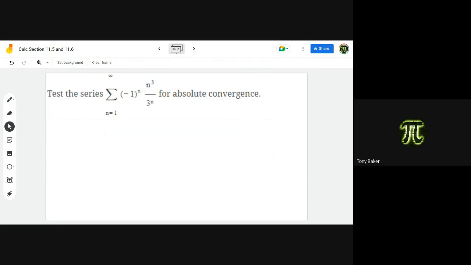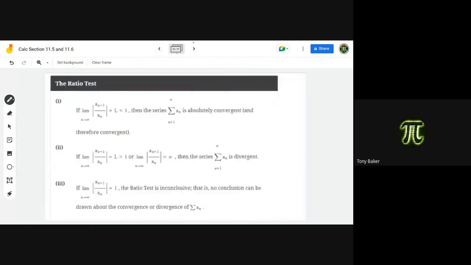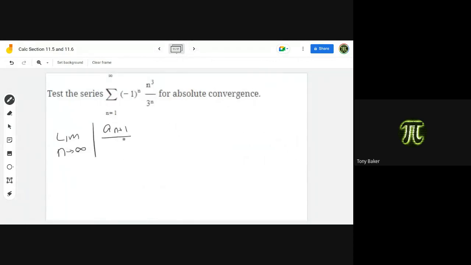All right, so the ratio test says the same thing every time. It is the limit as n goes to infinity of the absolute value of a sub n plus 1 over a sub n. So I have n plus 1 to the third power over 3 to the n plus 1, divided by n to the third over 3 to the n.